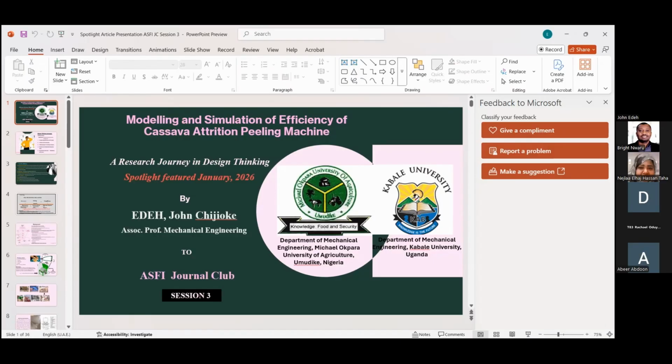To go further on that, there are certain terms, like sticking speed, which I mentioned earlier, but I said I was not going to bother this house with technical jargon. We discovered that there is a certain speed at which our machine, the cassava attrition peeling machine, which peels by attrition, wearing away the peels, will be running.